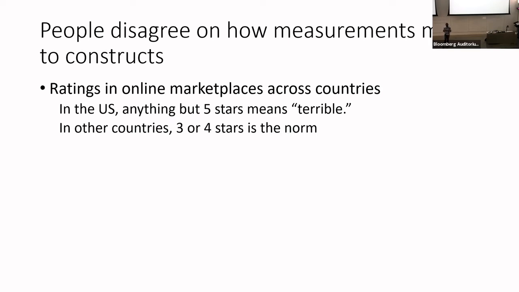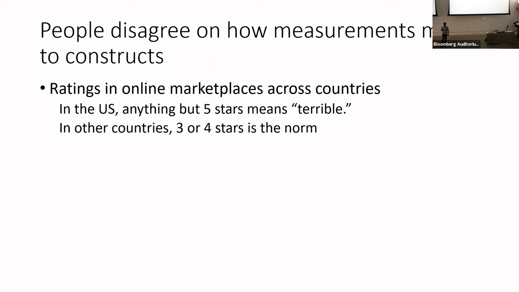That's because a 4.6 or 4.7 average rating is really in the bottom percentiles of driver ratings. On the other hand, in many other countries, 3 or 4 stars is the average rating. And the threshold for being kicked off the platform is, of course, much lower, right? If the threshold was 4.6 like it is in the US, they would be kicked off.